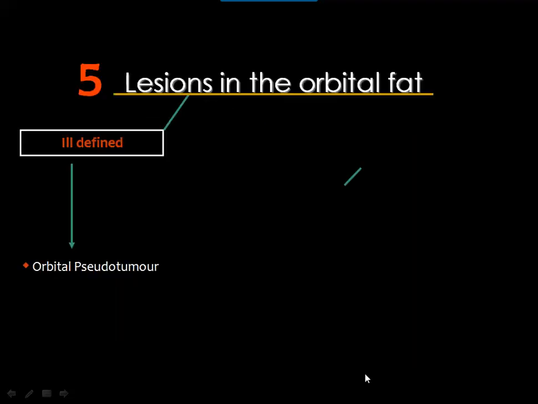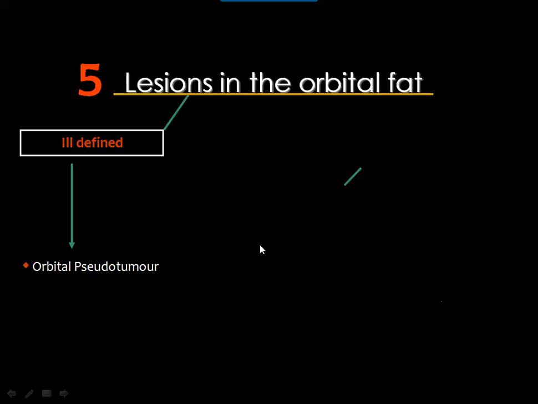Then we came to the fifth region in the orbit. We have finished the globe. We have finished the optic nerve, the lacrimal gland, and the extraocular muscles, and we are left with the fat and the bony orbits. Then if you see a lesion within the orbital fat, how to deal with it?